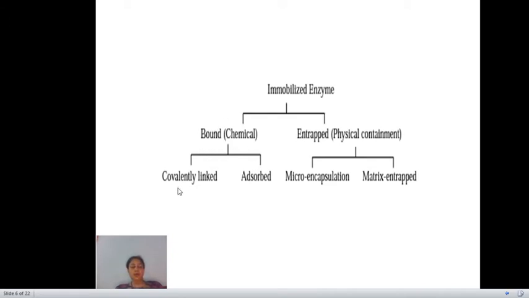This bond can be a covalently formed bond which will result in covalently linked enzyme, or it can be adsorbed form. If you are not attaching it chemically, you are just entrapping it or physically containing it inside a mesh, then it can be done in two ways. Either it will be microencapsulation or it will be matrix entrapped enzyme.